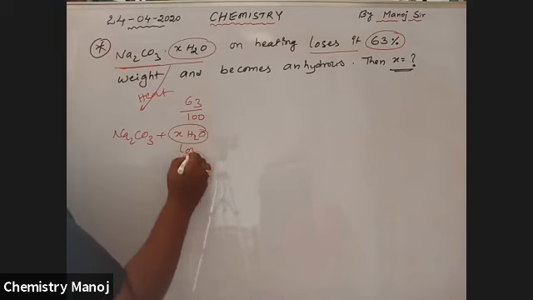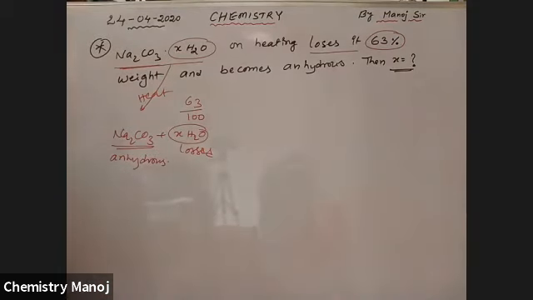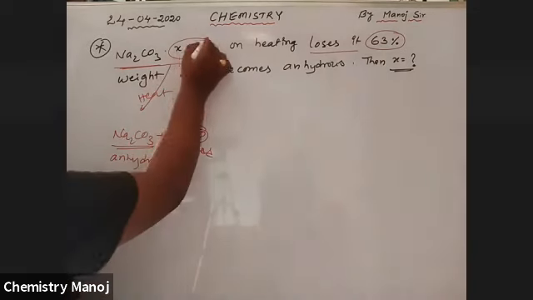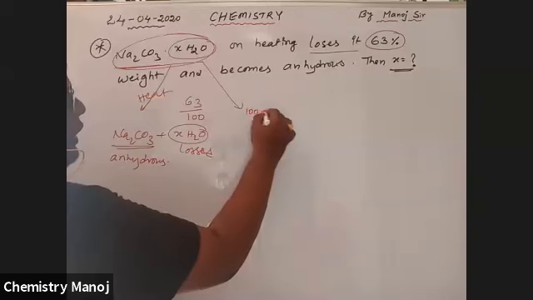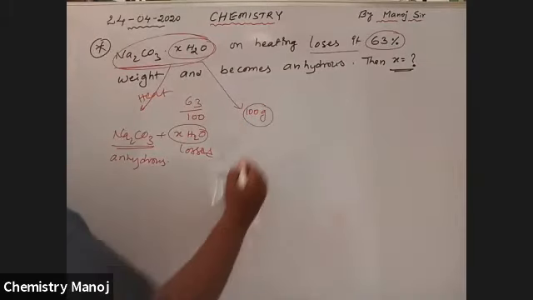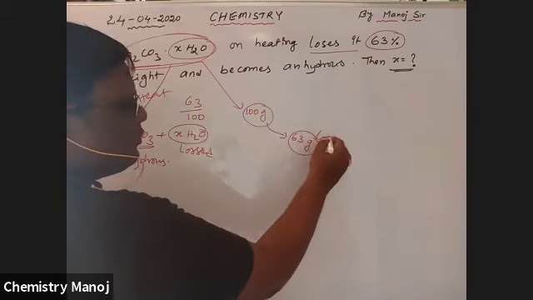This is the loss. What is going out? Now this Na2CO3 is called the anhydrous substance. That means if we take 100 grams of this compound, 63 grams is lost.